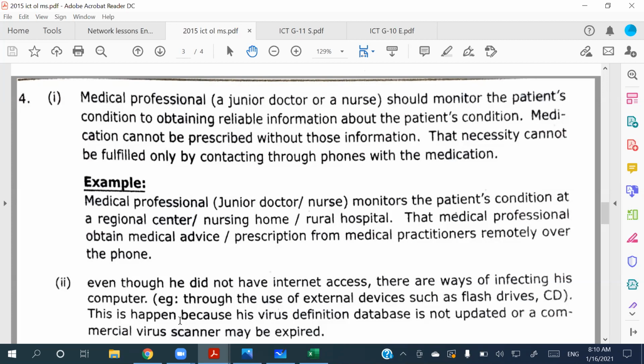So there should be one with the patient, and through that the one who is with the patient, the medical professional will contact over the phone and doing the telemedicine concept, right? So that idea should be written as well as the example should be written.